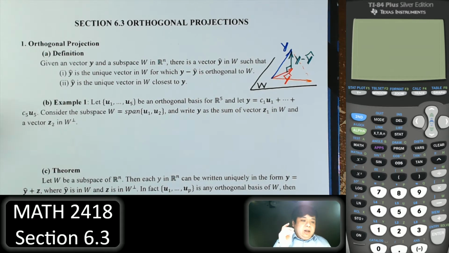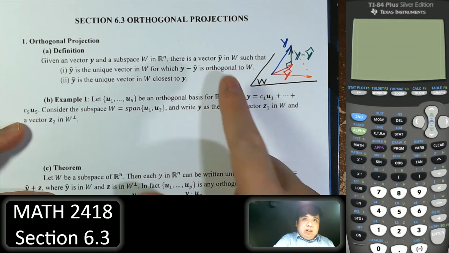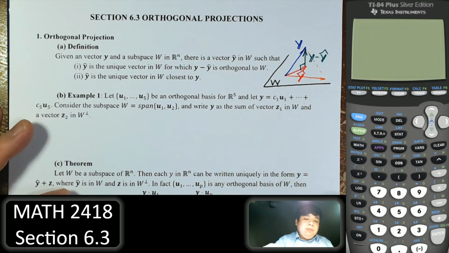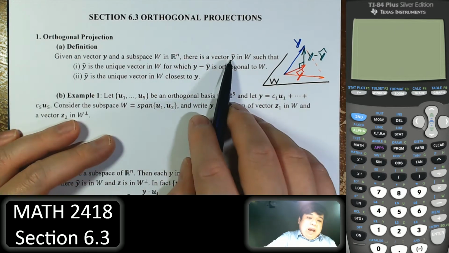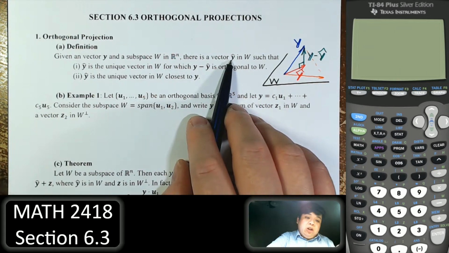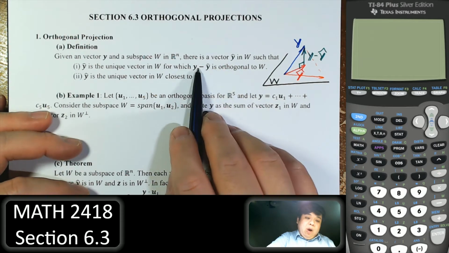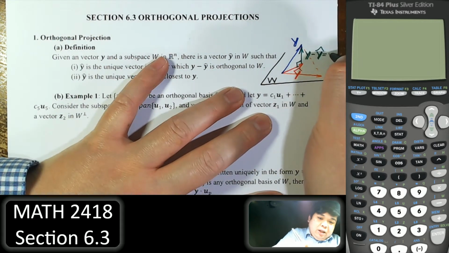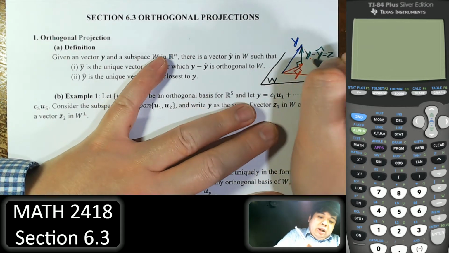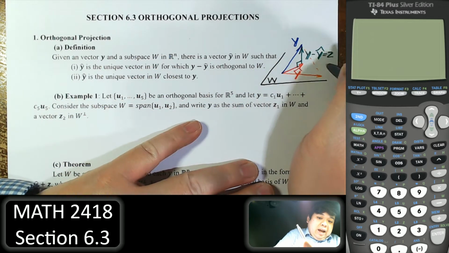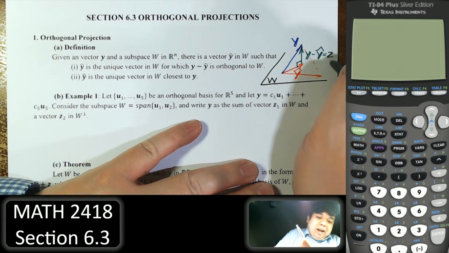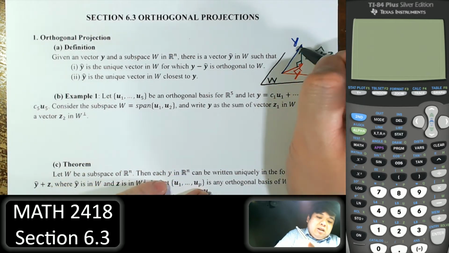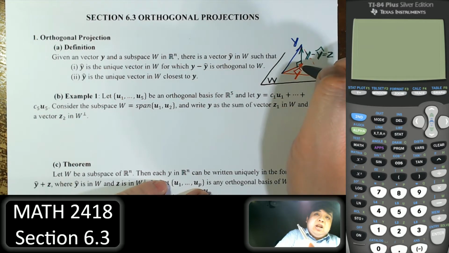So the key here is y may or may not be in W, but y hat is definitely going to be on W, and y hat is the orthogonal projection of y onto W. And y minus y hat, which in the previous section we called z, is orthogonal to every vector in W, and the length of z is the distance from y to the space W.